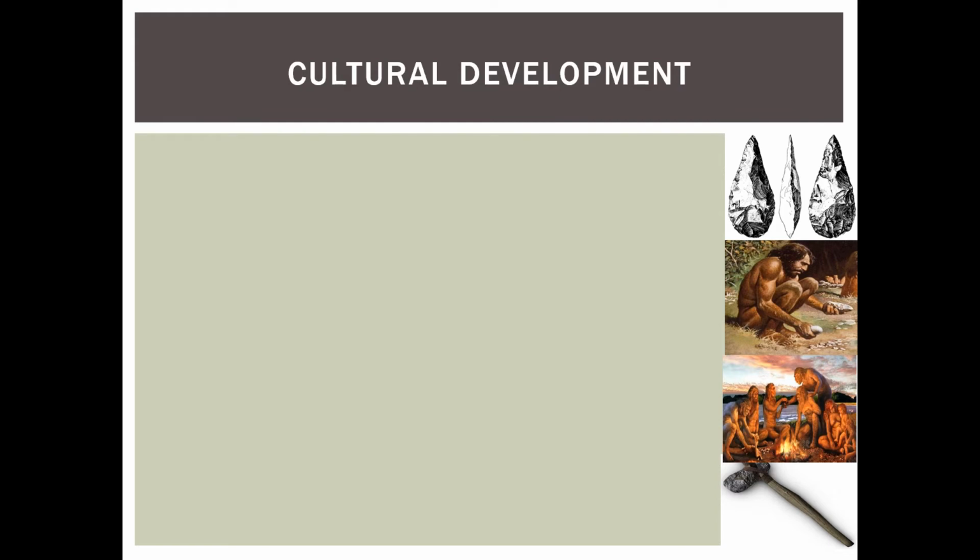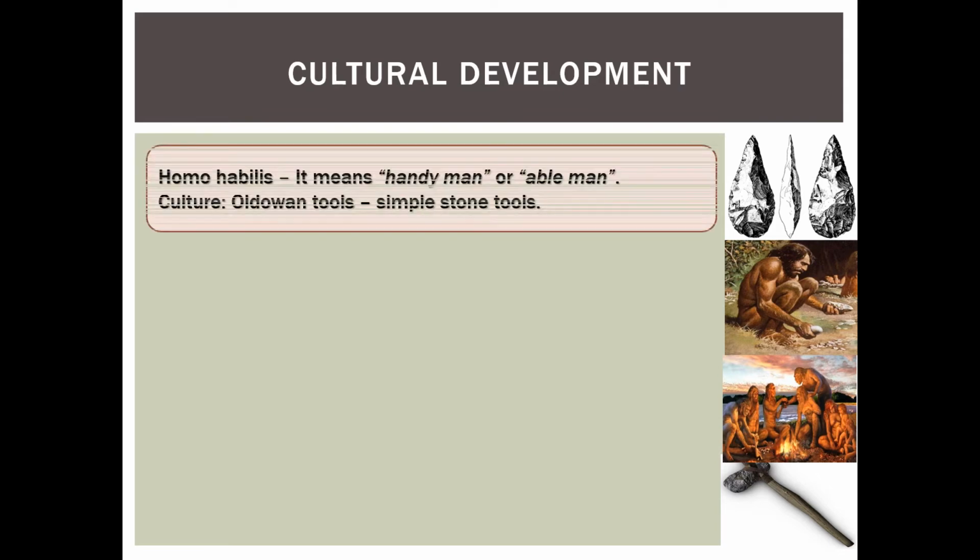The first stage of human evolution where humans are considered hominids is Homo habilis. It means handyman or able man. It is because archaeologists and anthropologists discovered Oldowan tools during this stage.